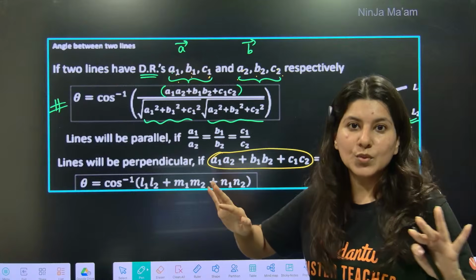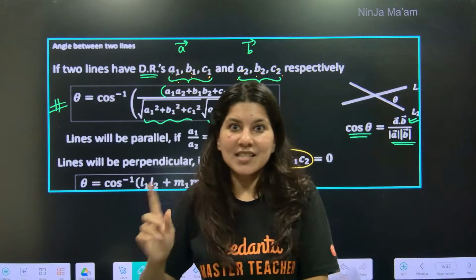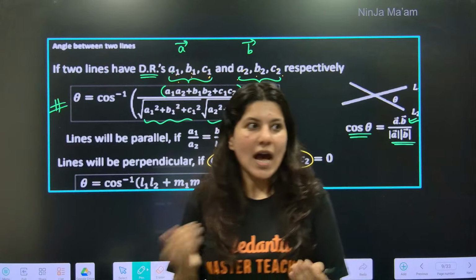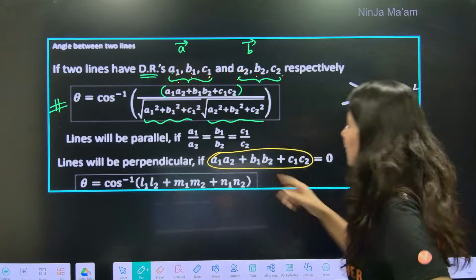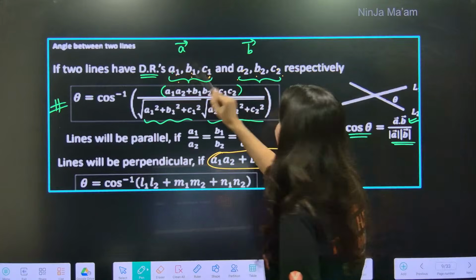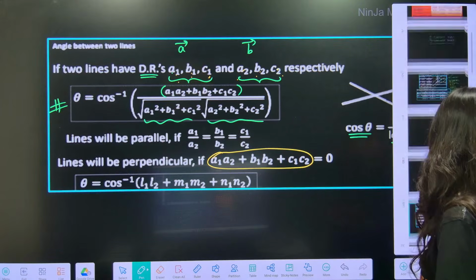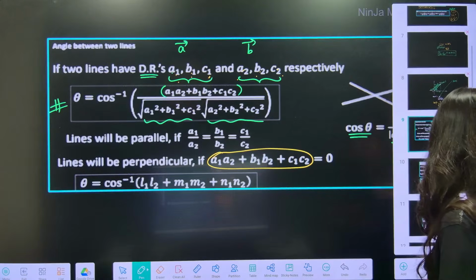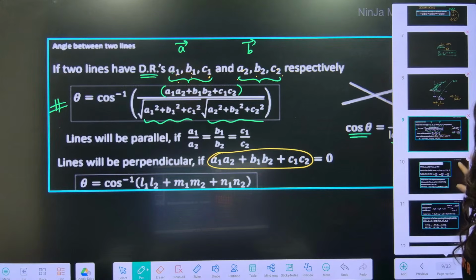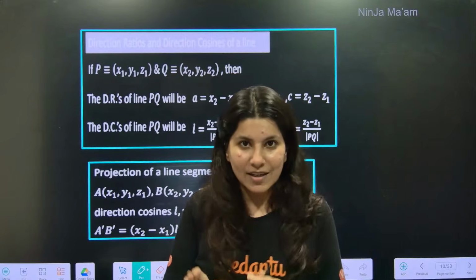Clearly visible that these two look parallel, just like in straight lines, x plus 2y and 2x plus 4y look parallel. So like that also, A1 by A2, B1 by B2, C1 by C2 will be equal. Okay, so it is all about the angle between two lines, correct? Okay, yes. Now let's talk more about direction ratio and direction cosine.